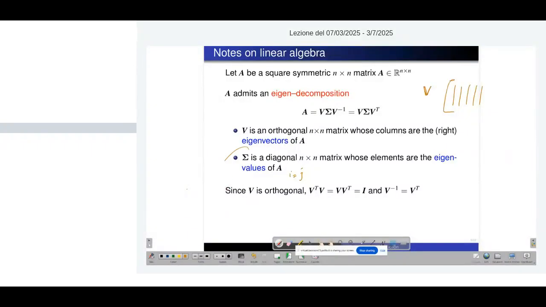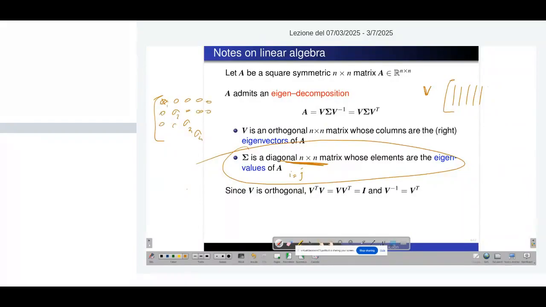And sigma is a diagonal matrix. We saw last week what a diagonal matrix is. It is a matrix which has elements on the diagonal, which may also be 0 but may be different than 0, while all the rest of the matrix is 0. So all elements outside of the diagonal are 0.